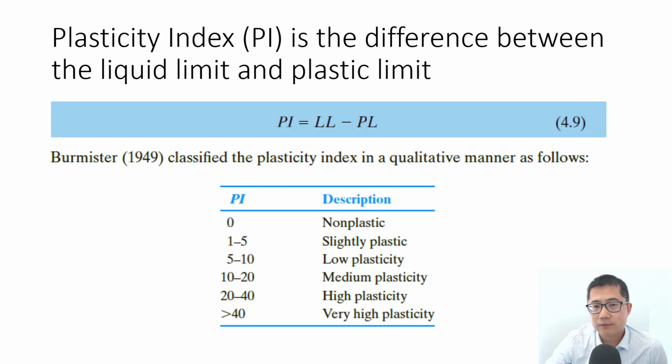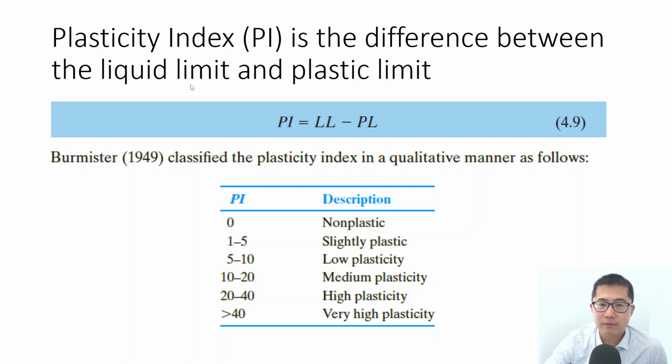Same thing if you get the moisture content of that soil to be, let's say, 35% for the plastic limit, then we're just going to use 35. So LL and PL here are just a number without the percentage.